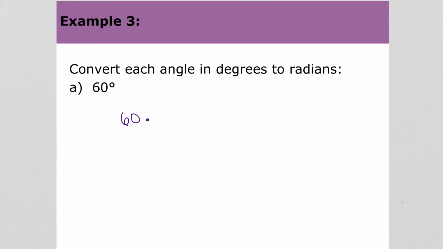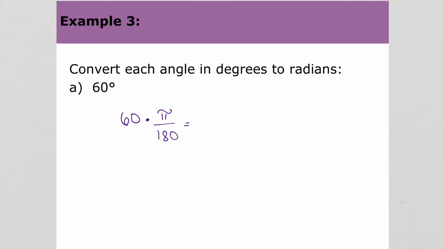Now, let's say you forgot and you don't know which way to go. If we multiply by 180 divided by pi, then we get a pi on the bottom. That's not going to work, okay? So what we have to multiply by is pi over 180.